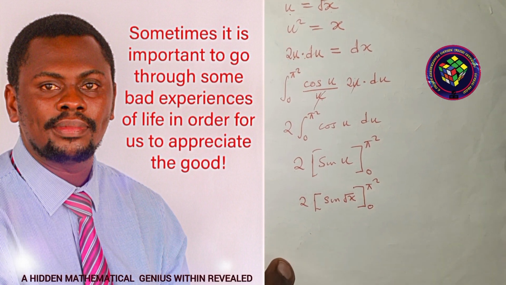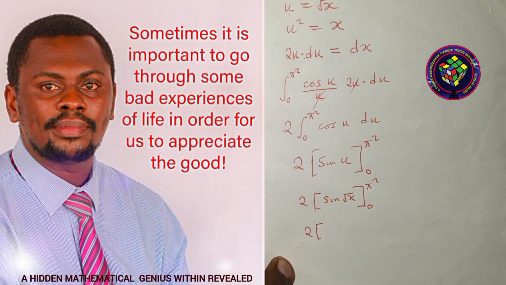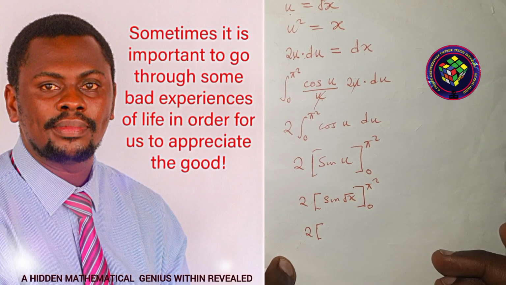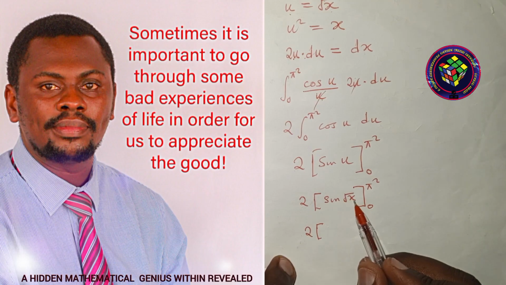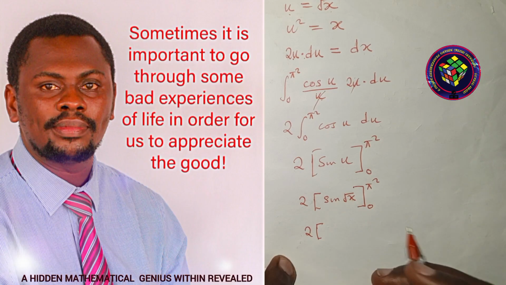Okay, so the upper limit will subtract the lower limit. If you put pi squared here, the square root and square cancel, so it will be pi. So we are going to have sine of pi. What is sine of pi? That is sine of 180 degrees, which is 0.